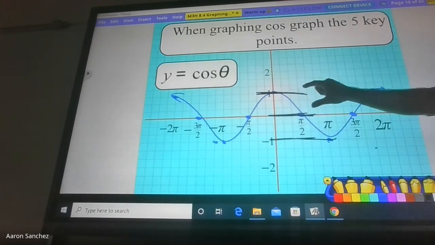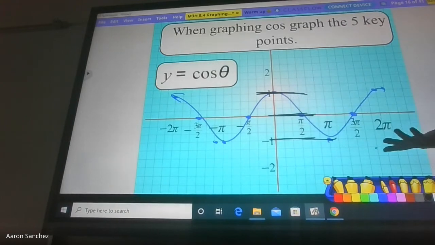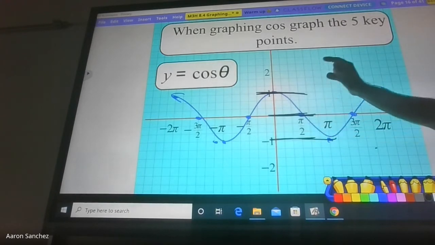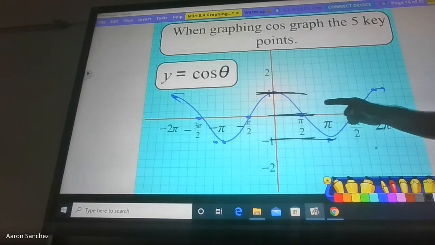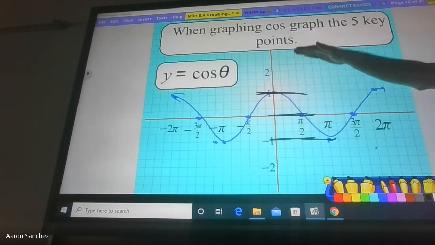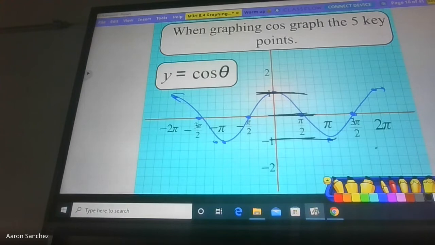From 0 to this, how tall is it? 1. The amplitude of this is 1, basically from the center up or the center down. Sometimes it's 3, way up here. Sometimes it's 2. Sometimes it'll be a half. So that's the one thing we're to learn.